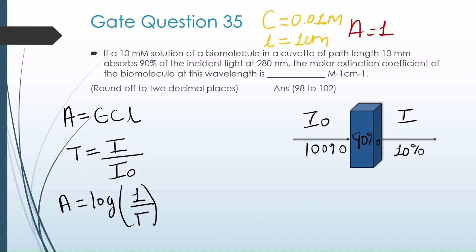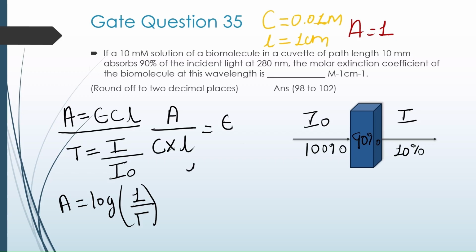So here is the formula. Keeping the molar extinction coefficient on the right hand side, shifting concentration and optical path length to the left hand side, we get it like so.